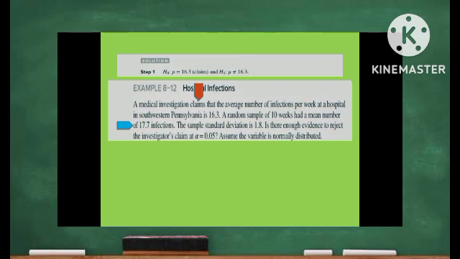But in hypothesis 1, the mean is not equal to 16.3. In our investigation, there is a possibility that the 16.3 infections can be increased, and because of that the mean is not equal to 16.3.